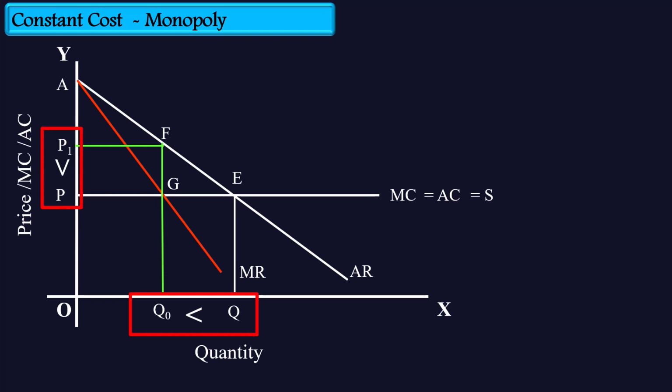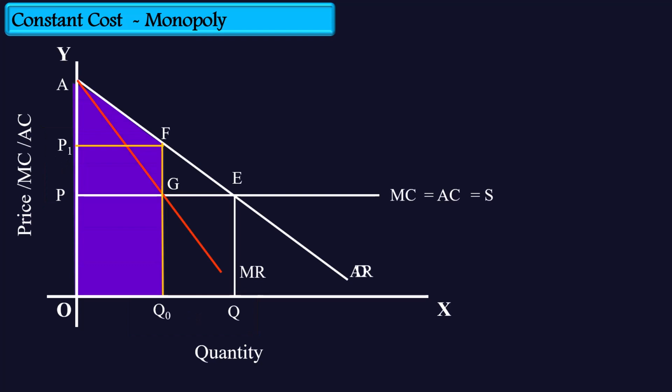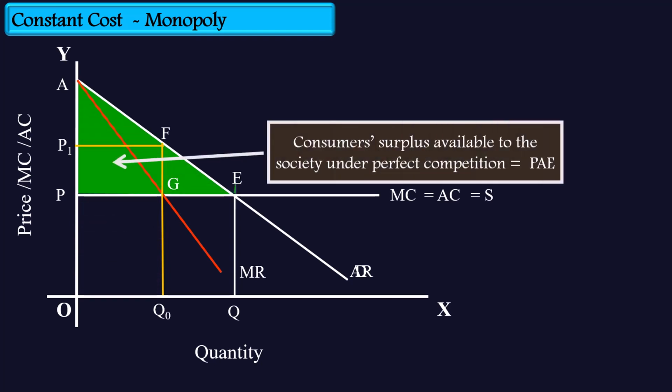Examine what happens to consumer surplus under monopoly regime. The amount the community is willing to pay is OAFQ0, but it pays only OP1FQ0. Surplus is only P1AF. Consumers' surplus available to the society under perfect competition is PAE.